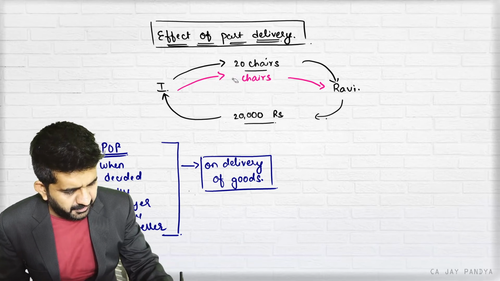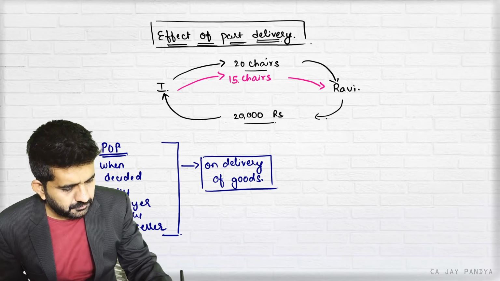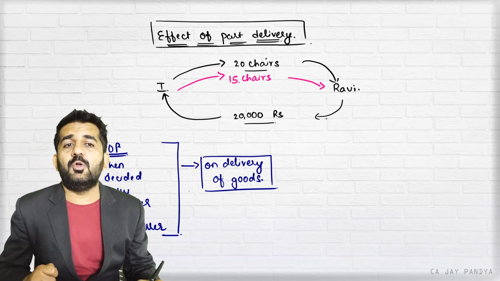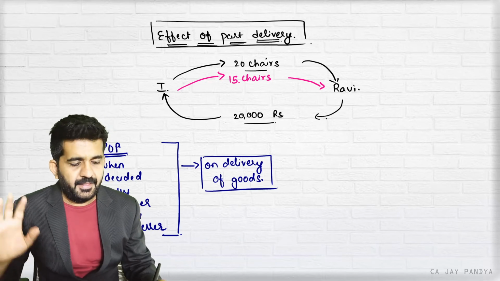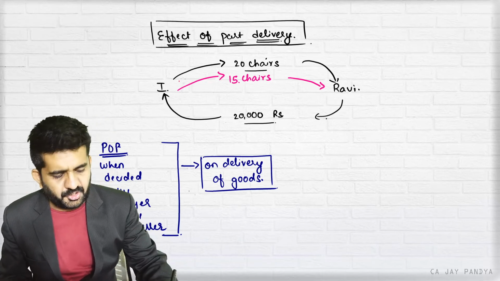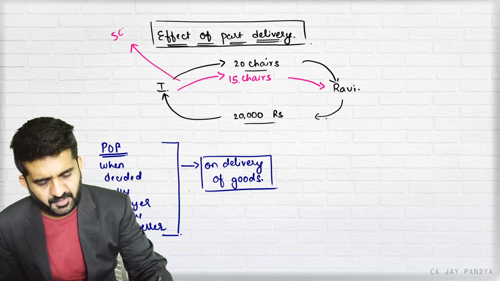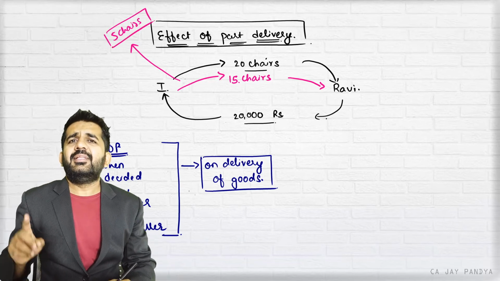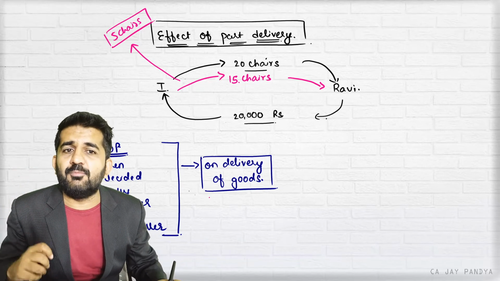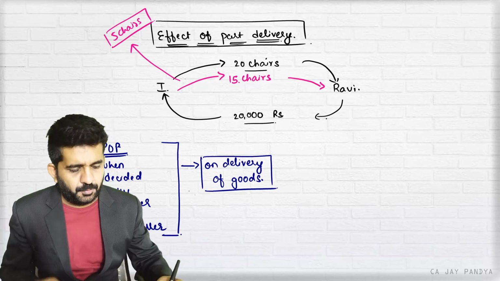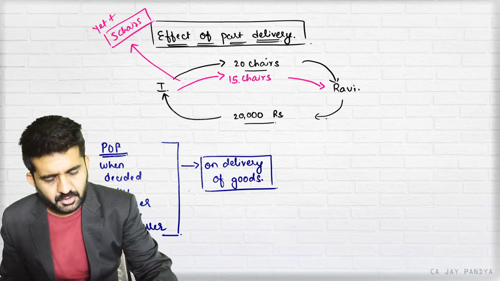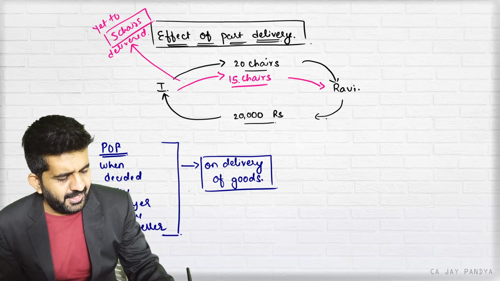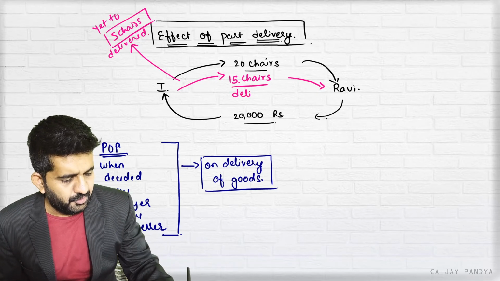Let me write down 15. I have delivered only 15 chairs to Ravi and the remaining 5 are in a rickshaw. They are yet to be delivered. It is not that I am refusing to deliver, but these are yet to be delivered. And these I have delivered to Ravi.